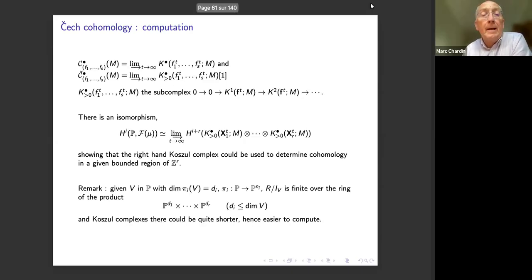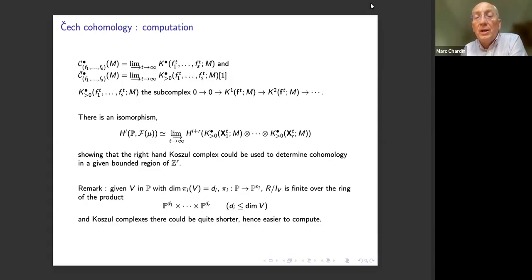Another remark for the computational part is that if you give a V with the dimension of the projection equal to di, so this di will be at most the dimension, then R modulo IV, say V is a variety, will be finite over the product here. So you can use Koszul complexes that are shorter.